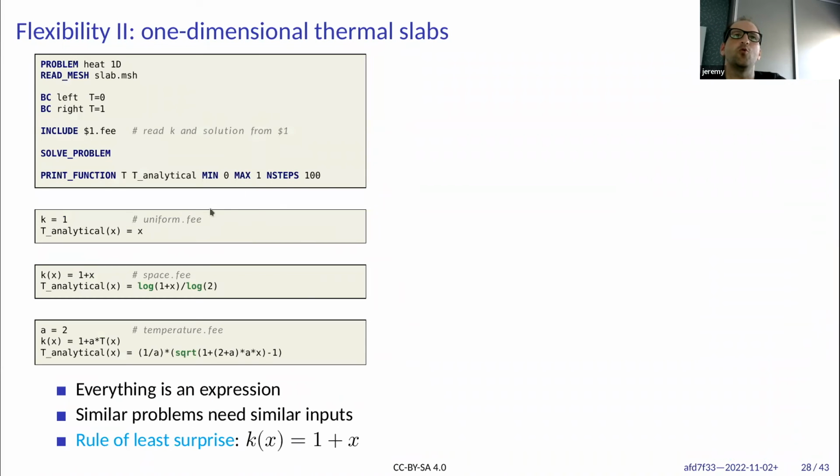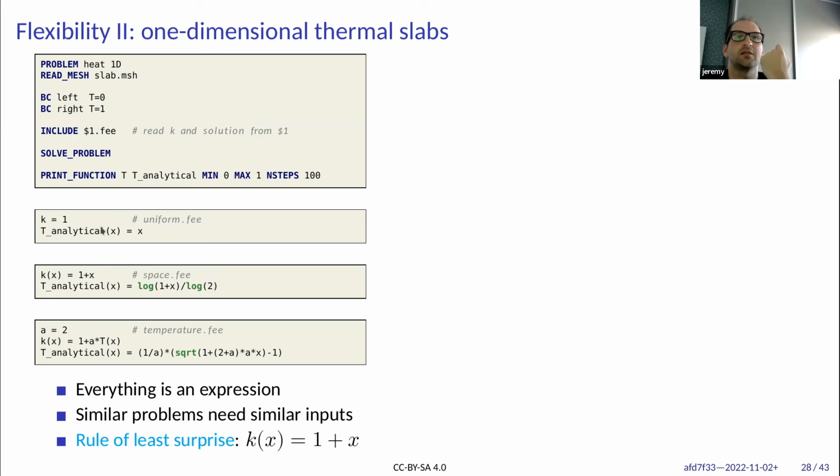What if now we wanted to test, okay, this was the uniform conductivity. What if conductivity is not uniform anymore? Now let's have this problem. The boundary conditions are the same, the mesh is the same. Now we include something called $1, which comes from the command line. So if $1 is uniform, we include these lines. If it's space, we include this. And if it's temperature, we include this.